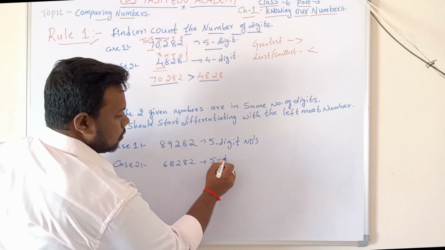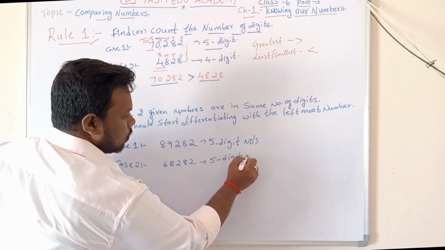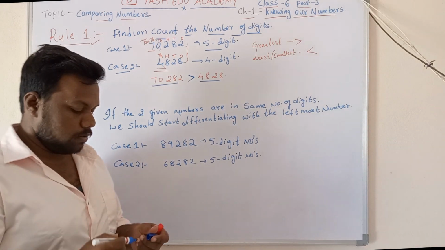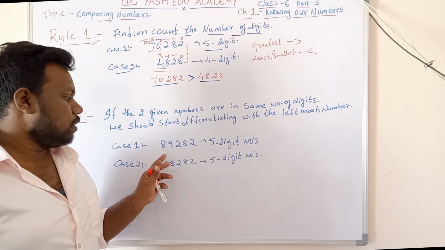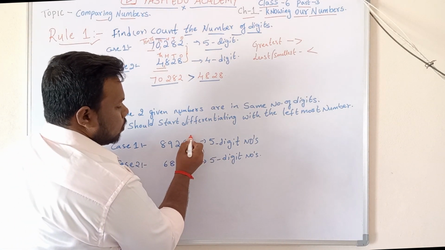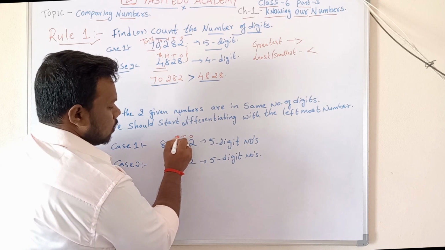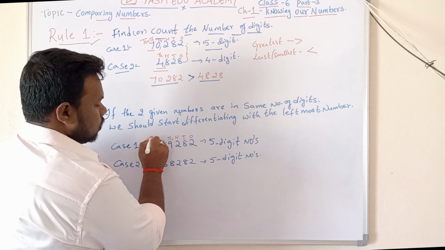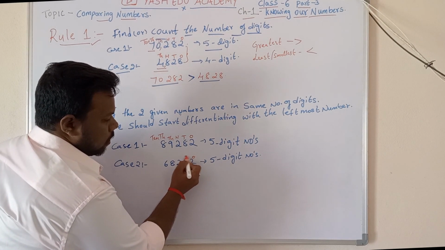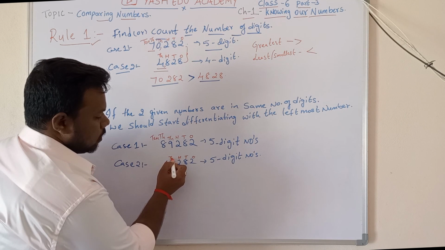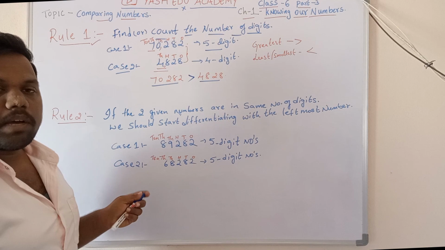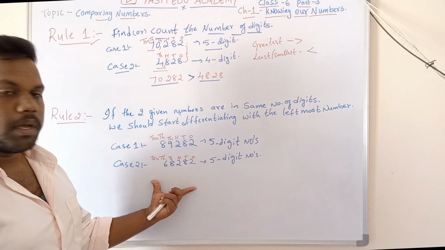It is also a 5-digit number. So in case 1 and case 2 we have the same number of digits with different numbers. Let us write the place values: ones, tens, hundreds, thousands and 10,000s, and in the same way for the second case. For both numbers we have the same number of digits with the same place values.